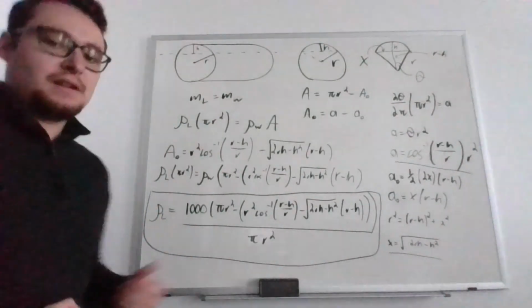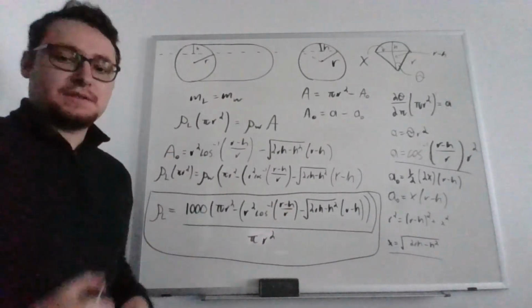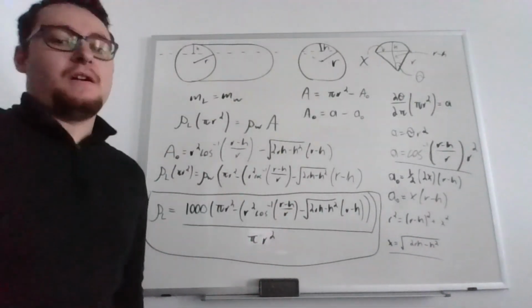And there you have it. The density of your log relative to the radius and height difference of the water and the log.